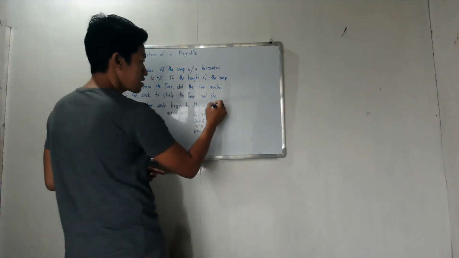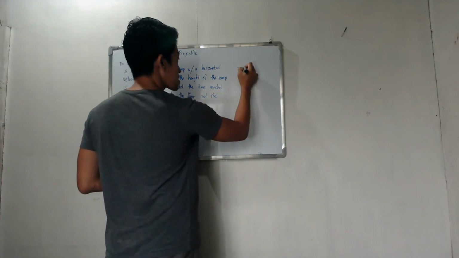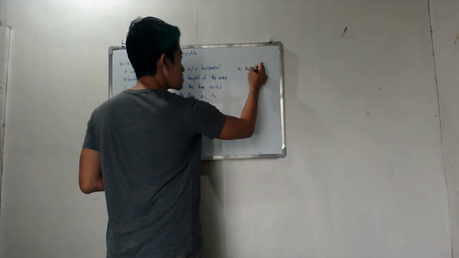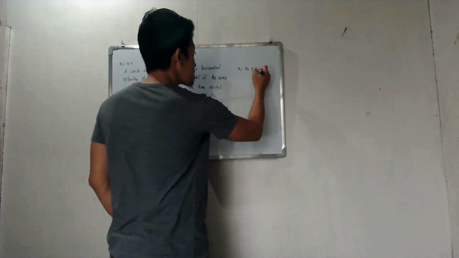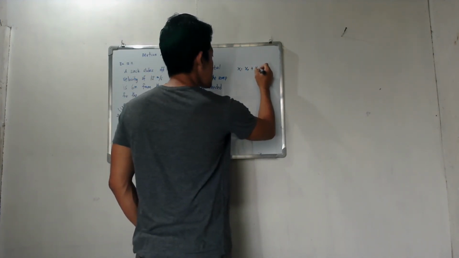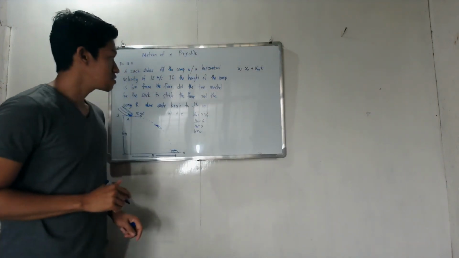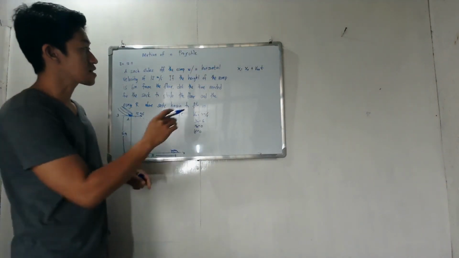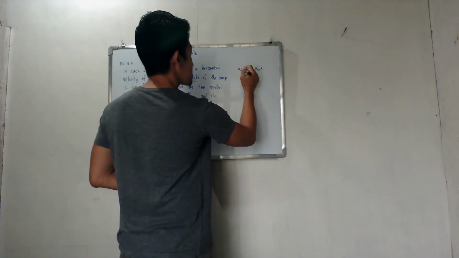So x is equal to x sub o plus v sub o x t, and x sub o is 0.